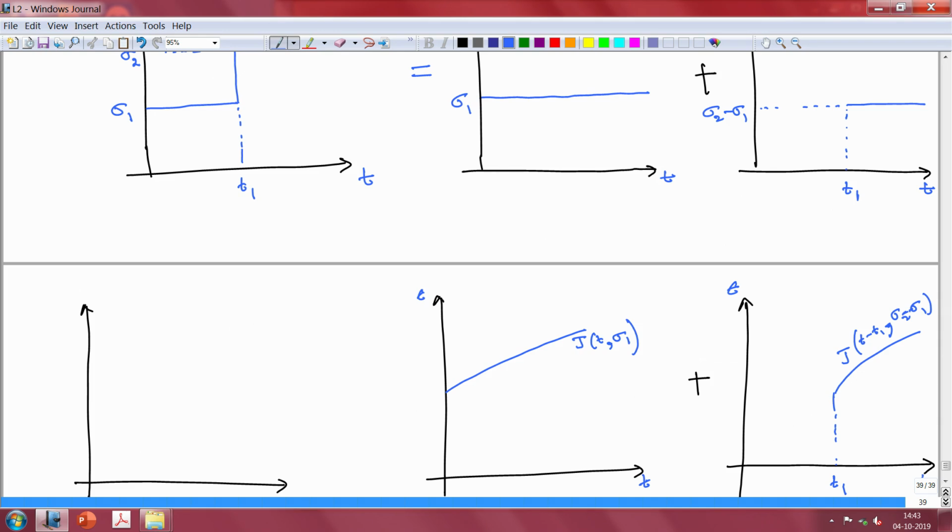So, the question of superposition of responses is very simple. It is saying that if this were your original input signal, the one on the left hand side, can I simply add these two responses on my right hand side and get the response to this more complicated signal? Your graph will look something like this, and then there will be a break and then you will have this other curve.